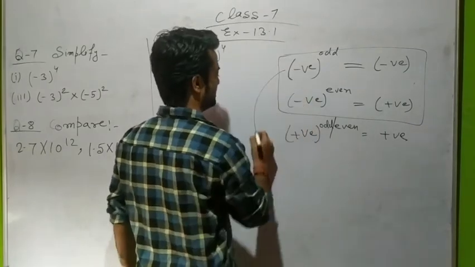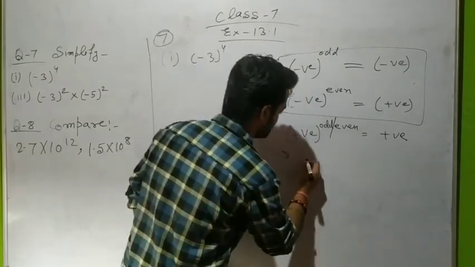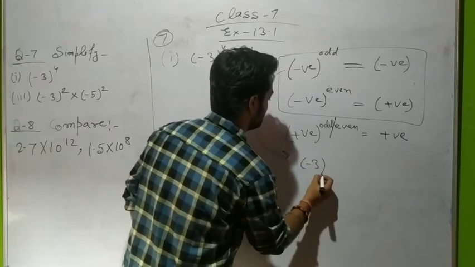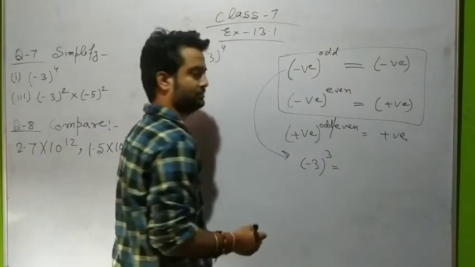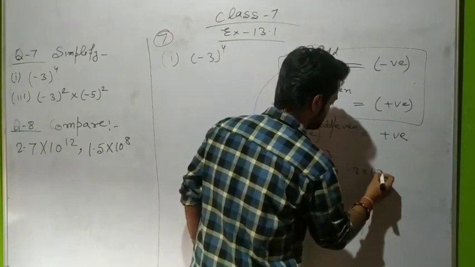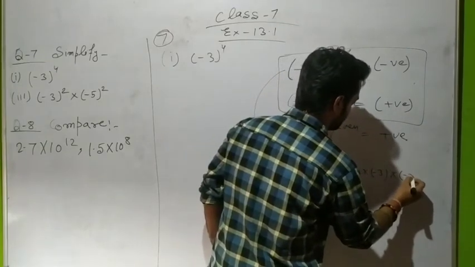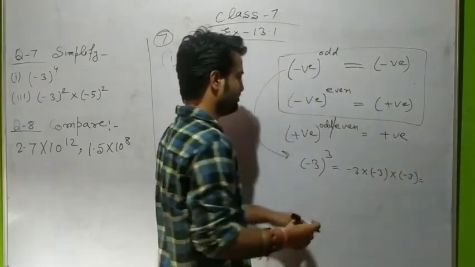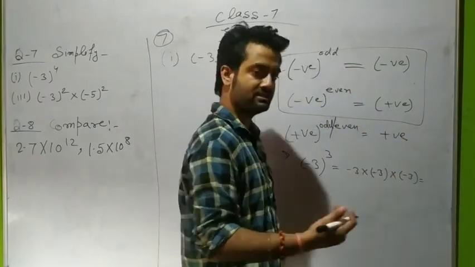I am taking a negative number with odd power. Suppose I am taking minus 3 raised to the power 3. So how can we write it? Minus 3 into minus 3 into minus 3. Now when we multiply the numbers, the answer will be 27.